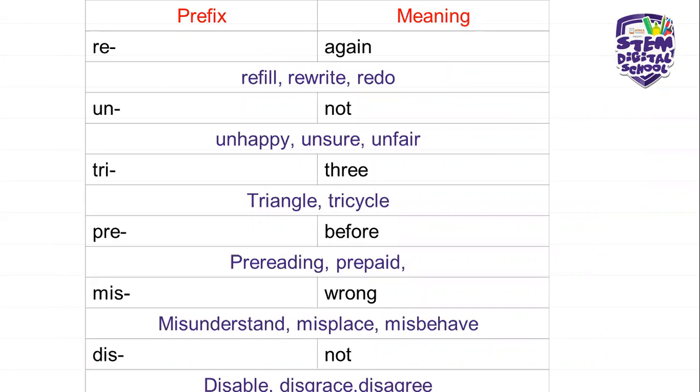The prefix is re. The meaning of re, when you put re in front of a root word, is again, like refill, rewrite, redo. Now, does anyone have another example of a word with the prefix re?